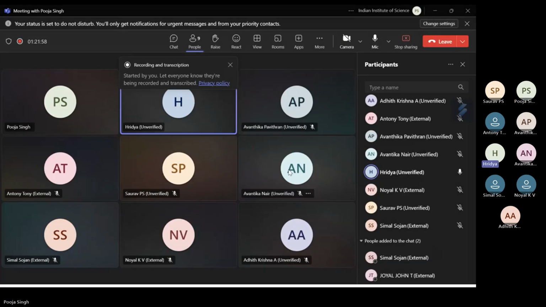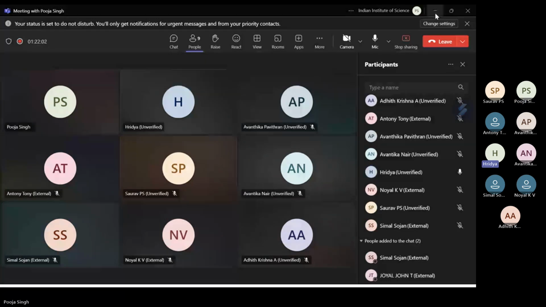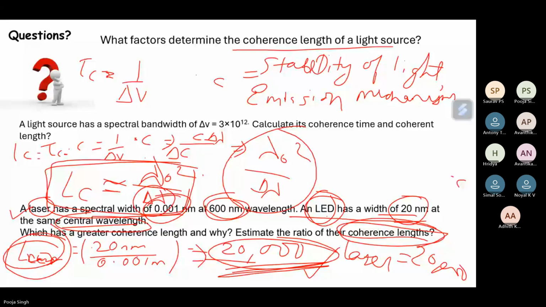I have a question in the last question we did. Tell me. Can you show the slide? I had a doubt in the steps. Yes. The same lambda, delta lambda by delta C, how is it converted to lambda square by delta lambda? Oh, okay. So basically, I did not calculate it from here.